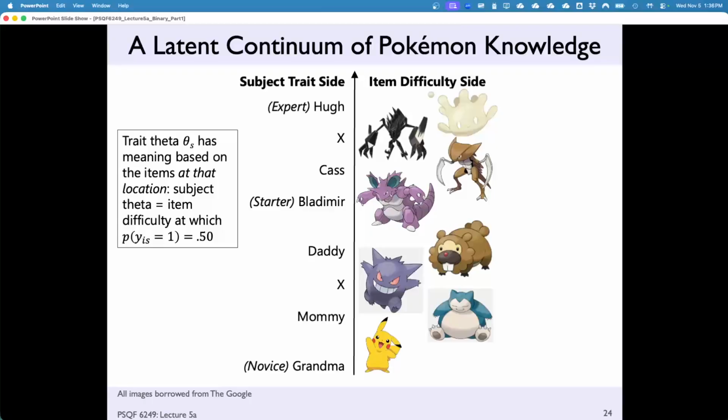So if you think of item difficulty, let's imagine I gave out a bunch of items and I said, can you identify this character in Pokemon? We often just order our items this way. Item difficulty would say, does anybody know who that is? Pikachu, good. That's about the level I am. And actually, I know this one.